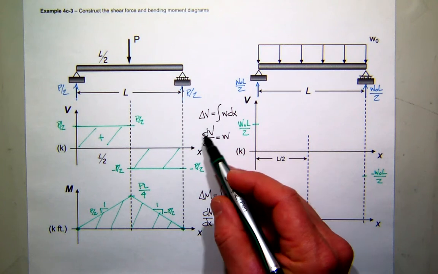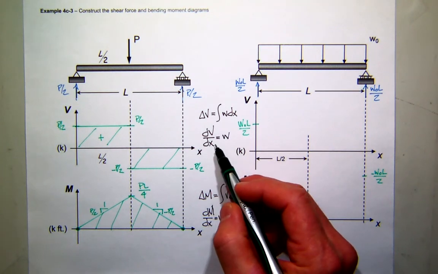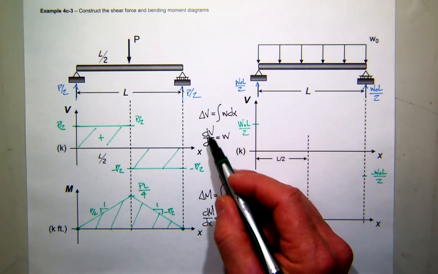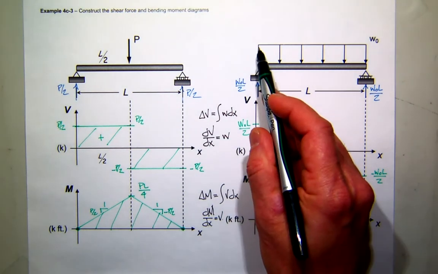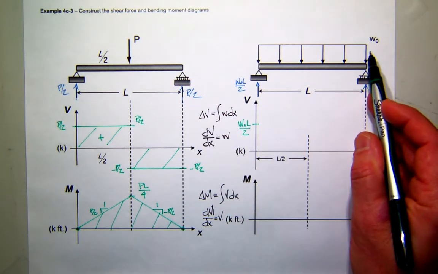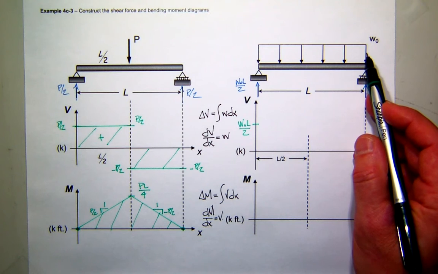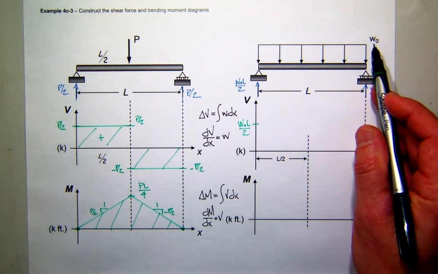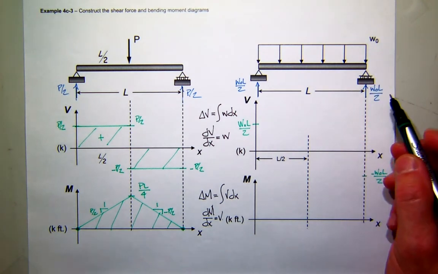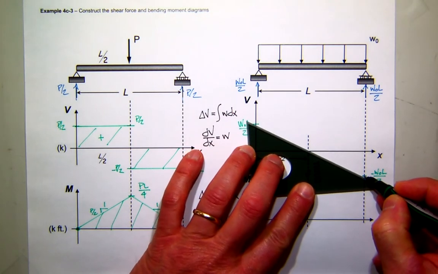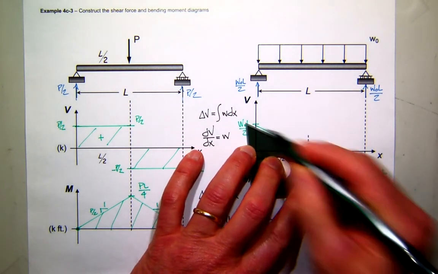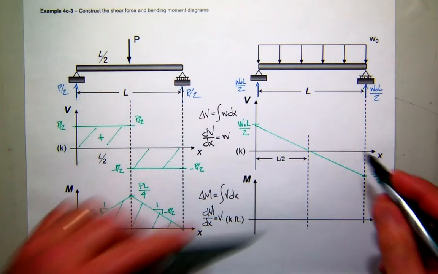The next associated relationship is that the slope of the shear diagram is equal to the load. So I look at the load, and the load is a constant value. That means I'll have a constant slope, with a value of W naught, and it'll be negative. So when I connect those two, you can see I get a negative constant slope.